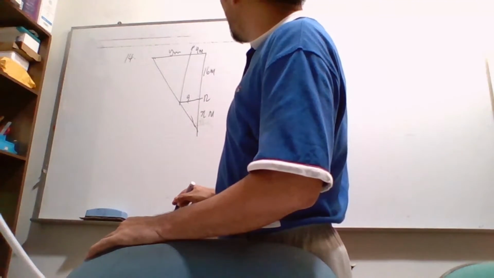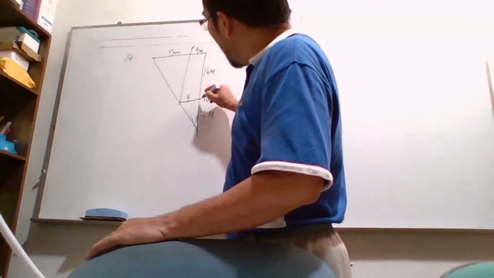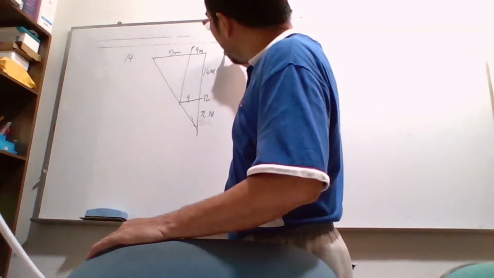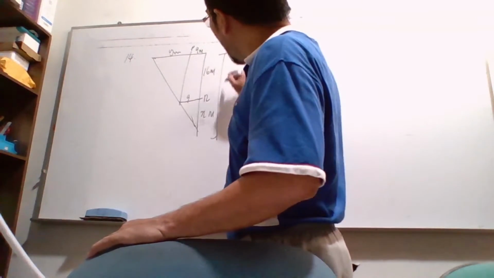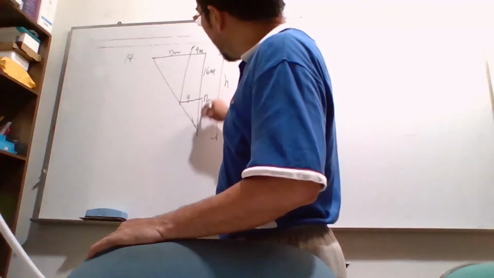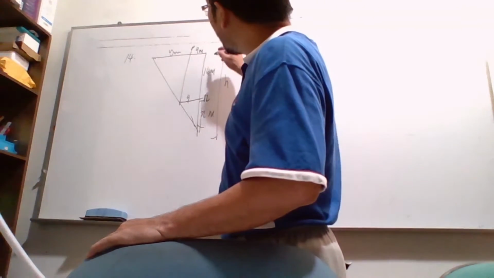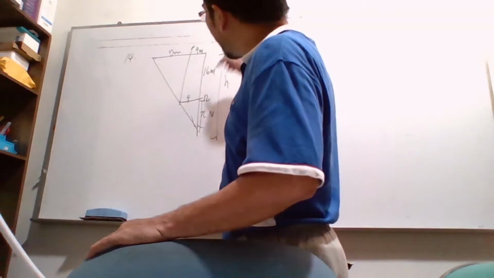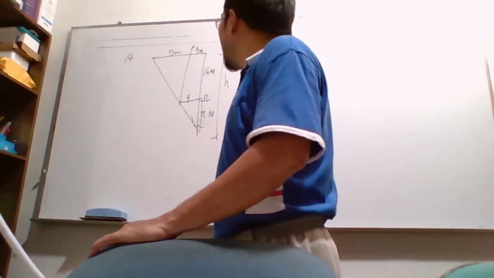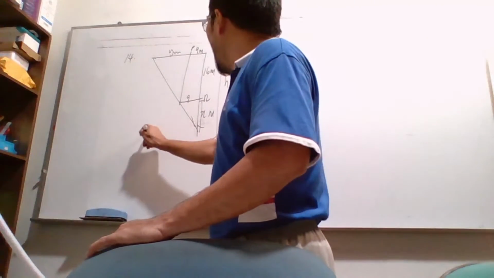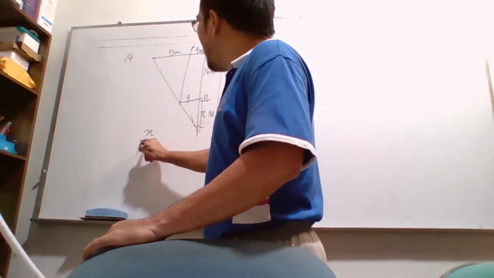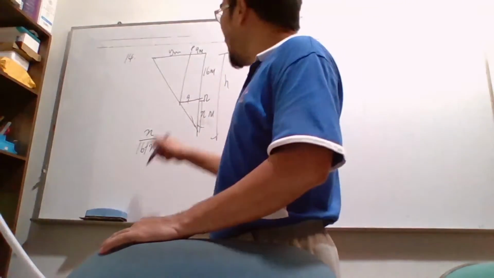So you can relate, if you call this height, this is the height of the small triangle, and the whole thing is the height of the larger triangle. So we say x over 16 plus x.